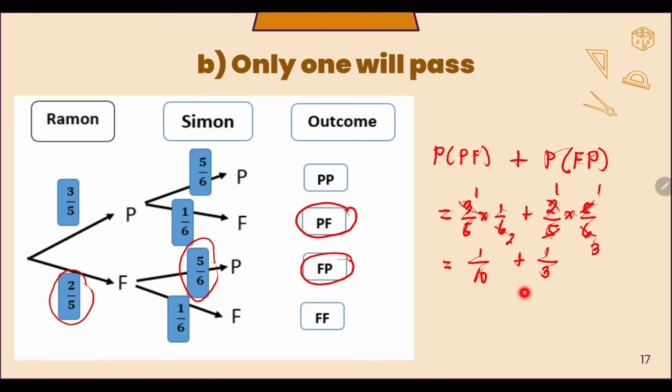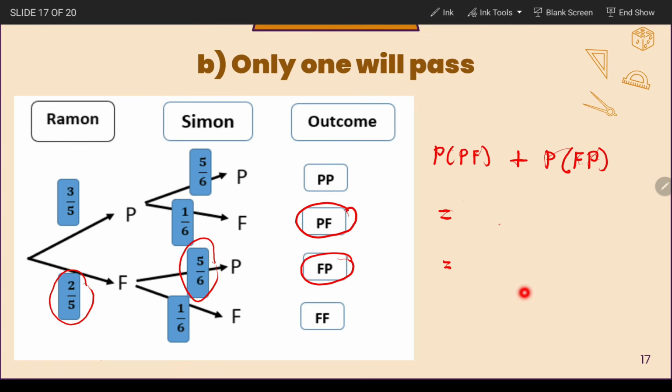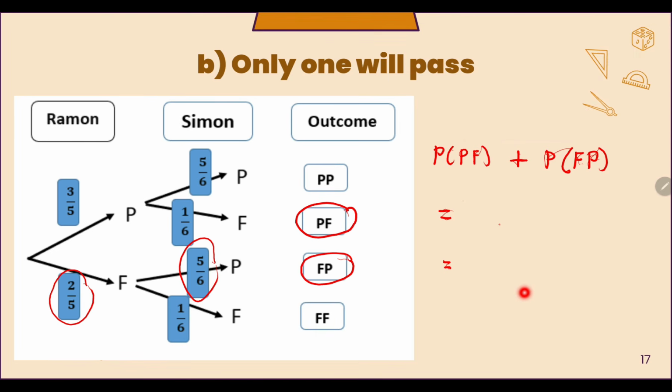Okay, let's erase from here. We go over. Okay, there. So we will not be simplifying so that we will be adding faster. So again, we take note for Ramon passing, that's 3/5, and Simon failing is 1/6, plus Ramon failing is 2/5, and Simon passing is 5/6.